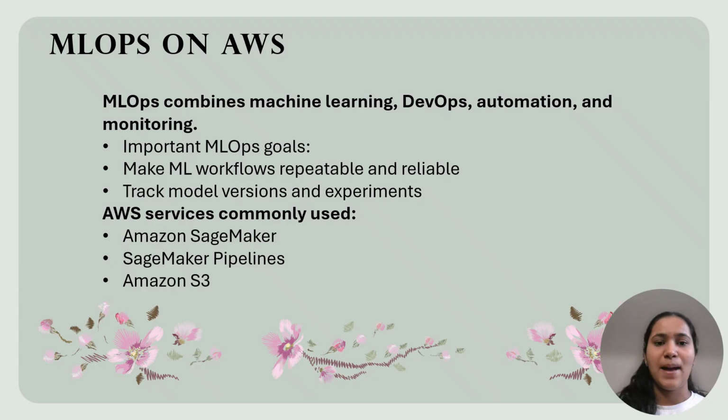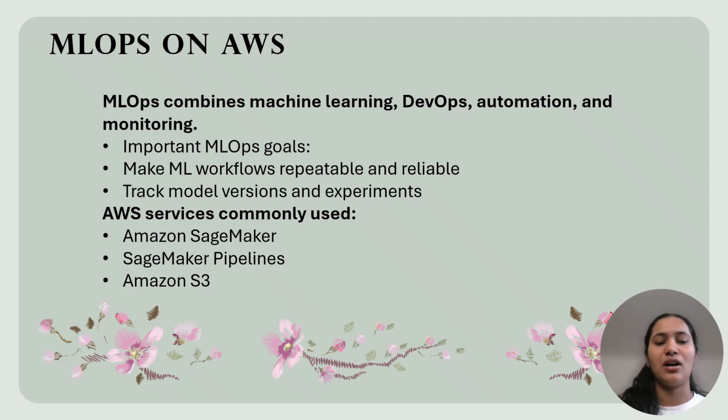Then is the MLOps on AWS. So, it is the practice of managing machine learning models in a structured, automated, and reliable way. It combines machine learning, DevOps, automation, and monitoring to help them build, deploy, and maintain ML models more efficiently.